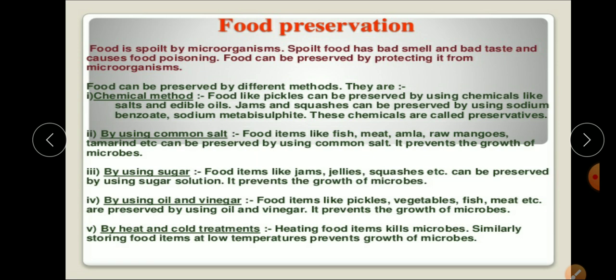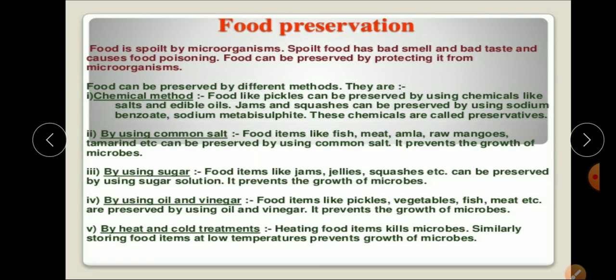The microorganisms which grow on our food sometimes produce toxic substances also. Understood? This makes the food poisonous, causing serious illness and even death.